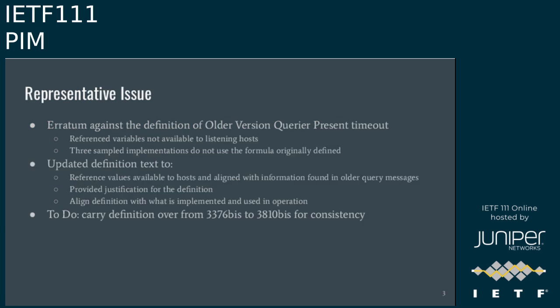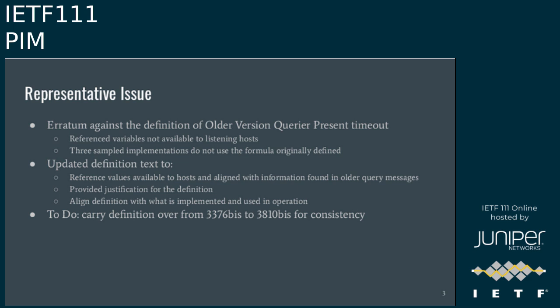Instead of talking about all the things, we have picked a representative issue on which the team spent a good amount of time. This is an existing errata against the definition of older version query present timeout in RFC 3376.